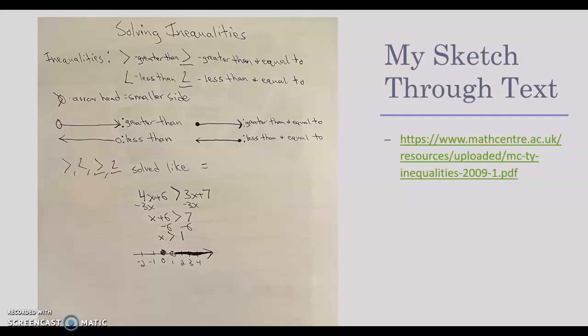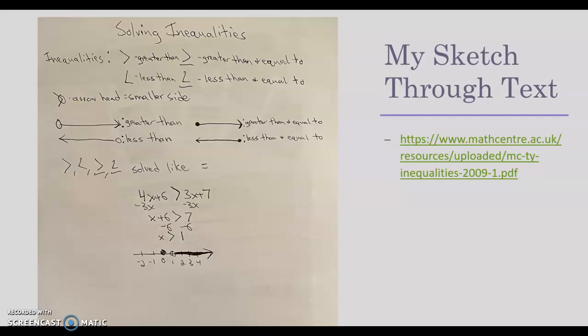A big emphasis was the smaller side of the equation had the arrowhead like I circled here. It has a little circle on the arrowhead, and the arrowhead points to the smaller side. And then it also went through the different graphs of the 4 different inequalities that I had shown there, and that inequalities are solved like a regular equation when you're trying to solve an equation.